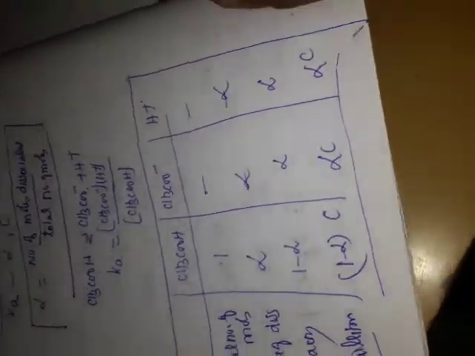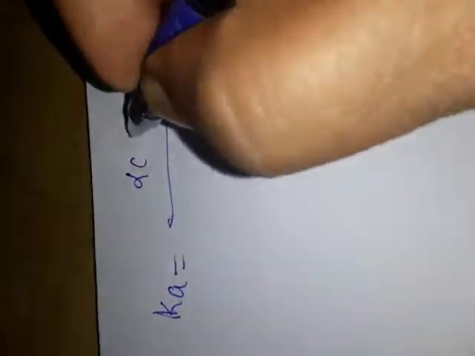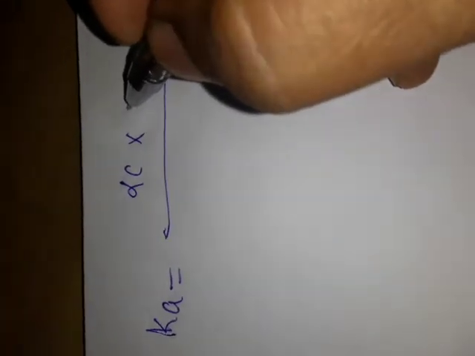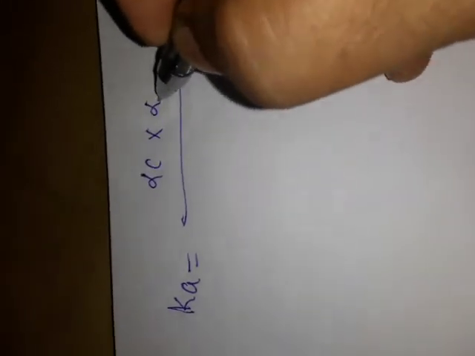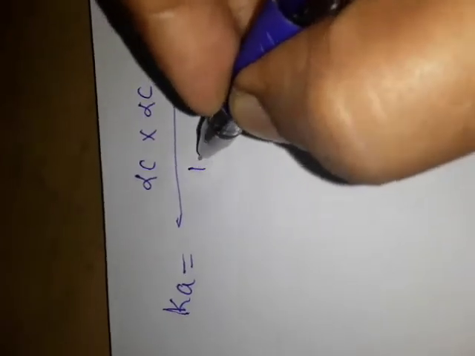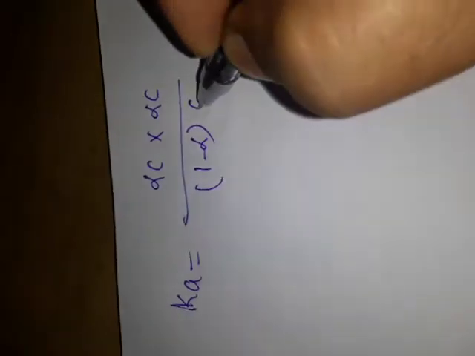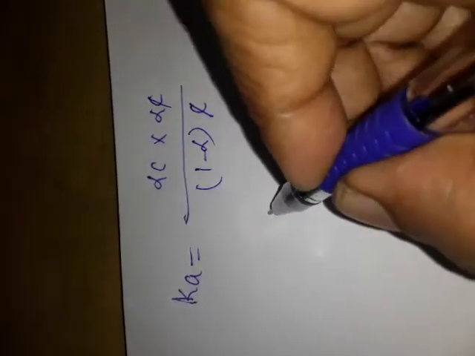Substitute these values in Ka. So what is Ka? Ka is equal to the H+ concentration, value alpha C, times the CH3COO- concentration, value alpha C, by 1 minus alpha into C. C gets cancelled.